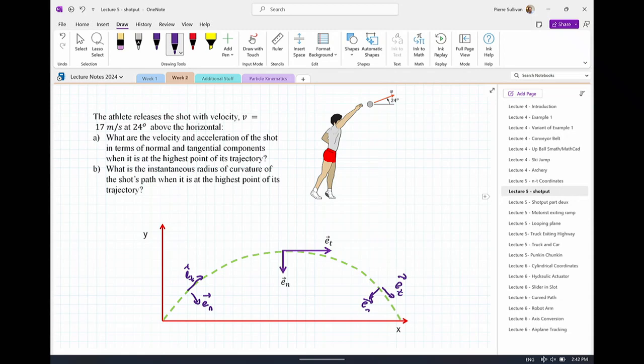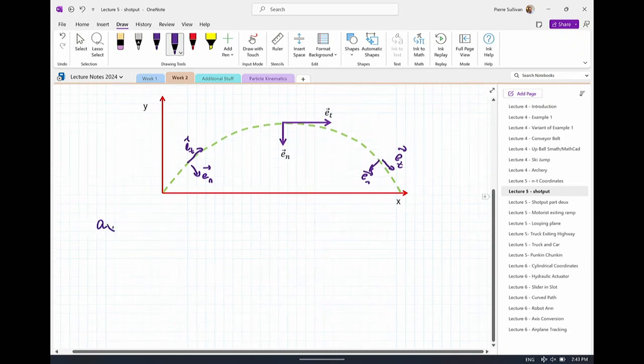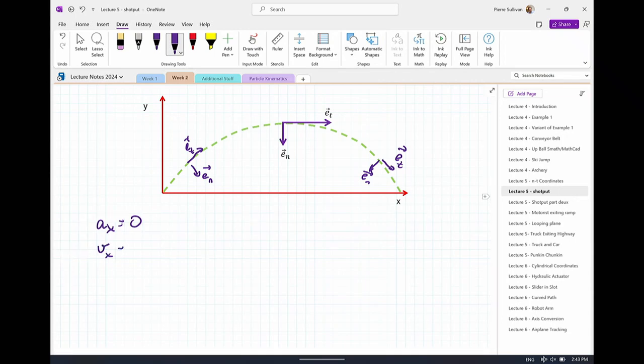So as it moves along this path, it's going to have n and t components, but the magnitude of the acceleration doesn't change from that value of g.